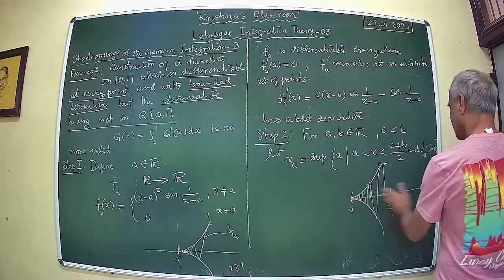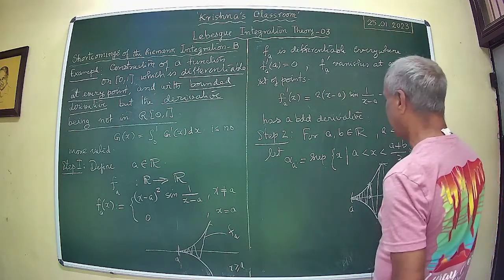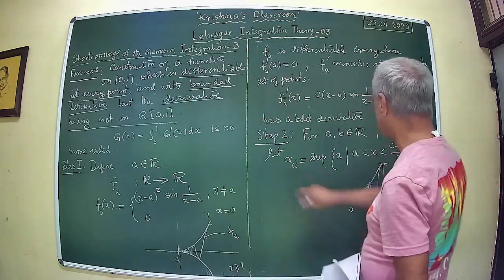Therefore, you have got a supremum of x's, and that supremum is designated by alpha_a.